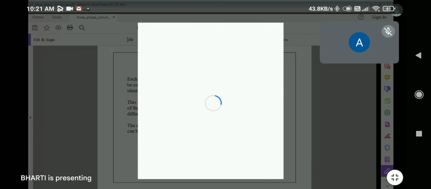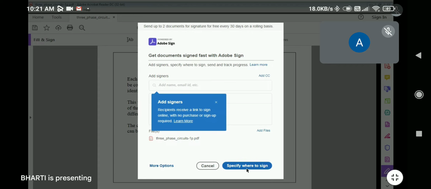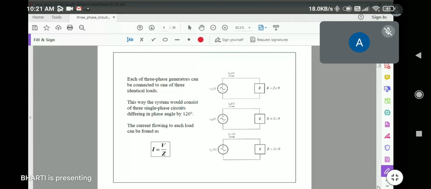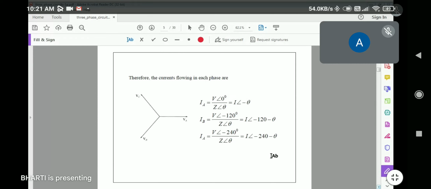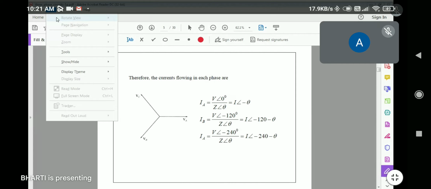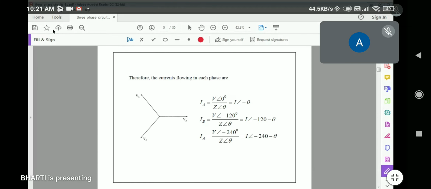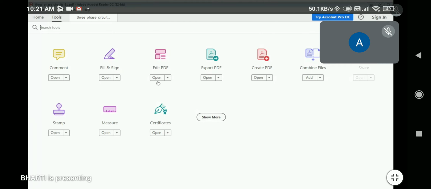Okay. Now coming to the next. This is that I am talking of the current. So if you say the current flowing in each phase, and if we talk of the balanced system, balanced system means in which the load in all the three phases will be same, or we can say load of the three phases will be same.